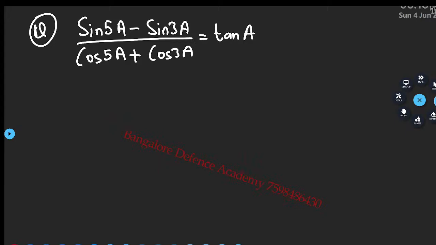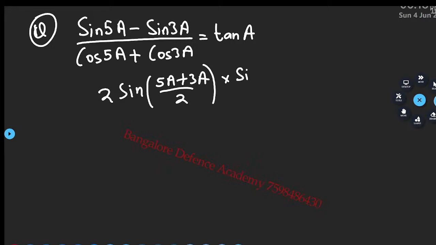Mila? So I am going to take 2 sine 5a plus 3a divided by 2 into, you get cos or sine? No, sine only, right?